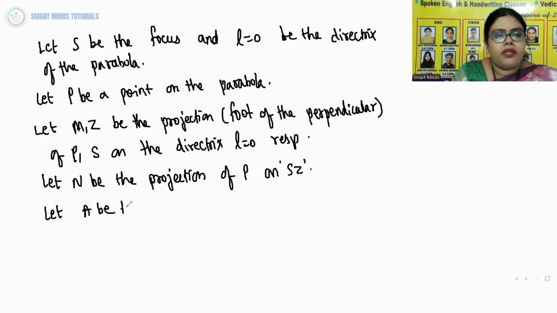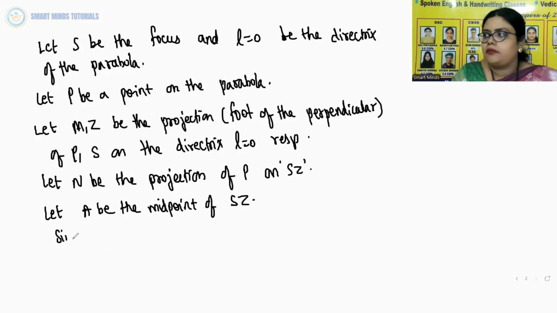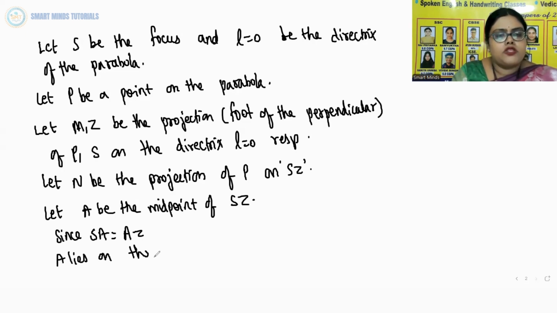Let A be the midpoint of SZ. Since SA is equal to AZ, A lies on the parabola. And let AS is equal to a.